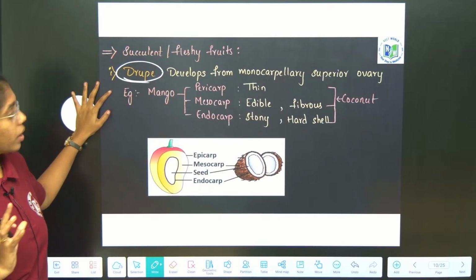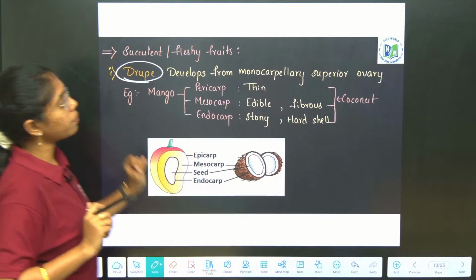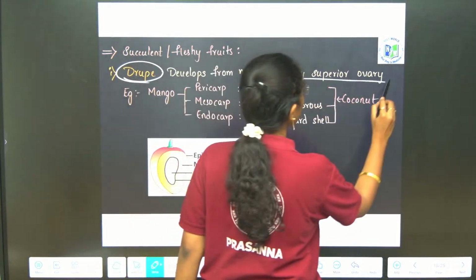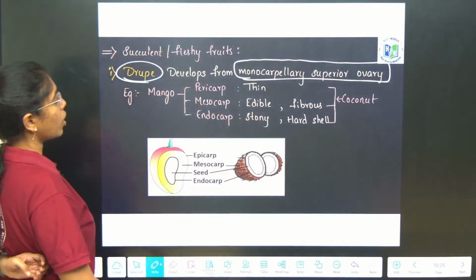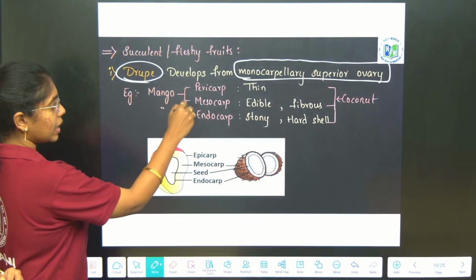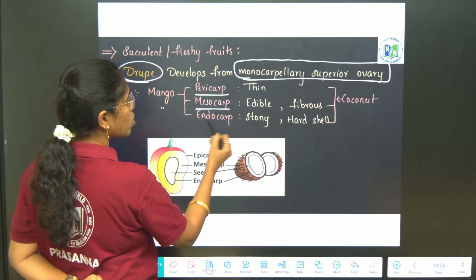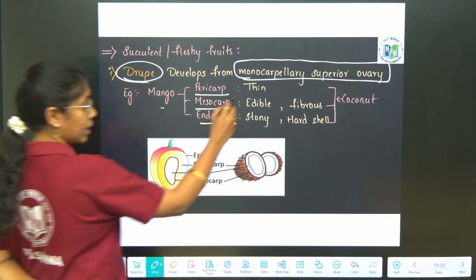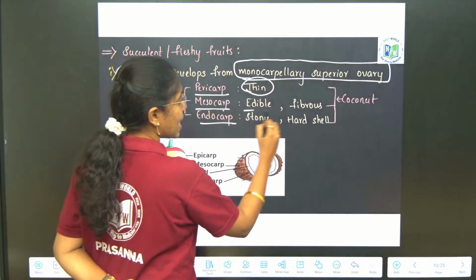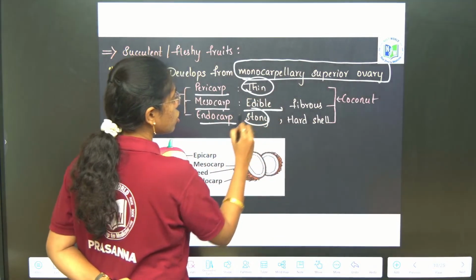This is important. Drupe develops from a monocarpellary superior ovary. Mango has three wall layers: epicarp, mesocarp, endocarp. The epicarp is thin, the mesocarp is edible, the endocarp is stony.